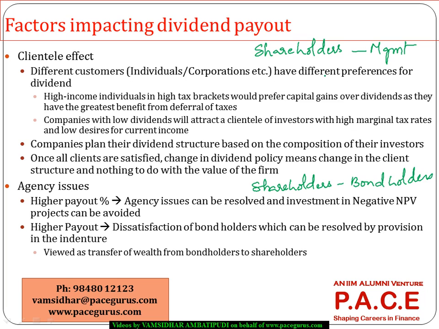If the company declares more dividend, shareholders are very happy, which means the agency issues existing between these two parties can really come down, which can help the management to still focus on investing in a few negative NPV projects.